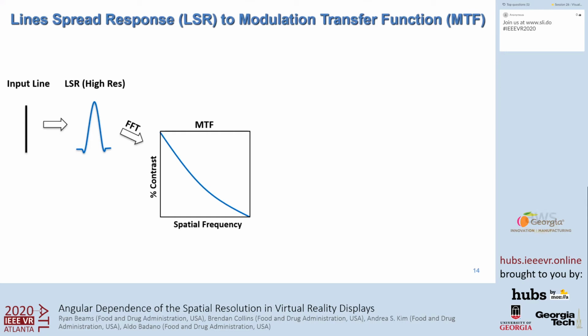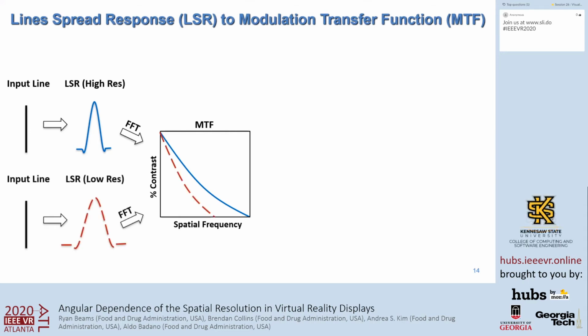We take the Fourier transform of that to get the modulation transfer function, where it's spatial frequency versus percent contrast. For a lower resolution system, we have a wider line spread response, and then the modulation transfer function drops off faster, meaning that the cutoff frequency is lower.